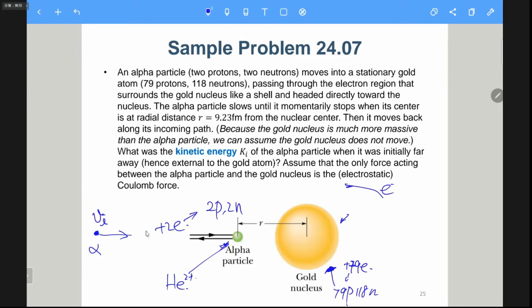So there will be Coulomb's force acting on them, repelling them apart, repelling from each other.